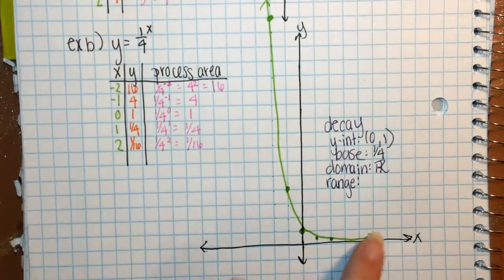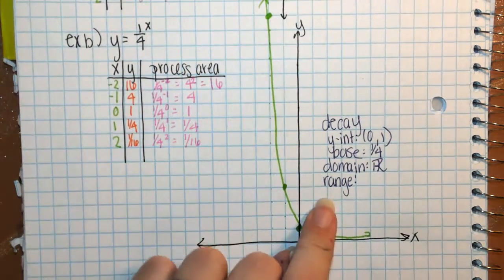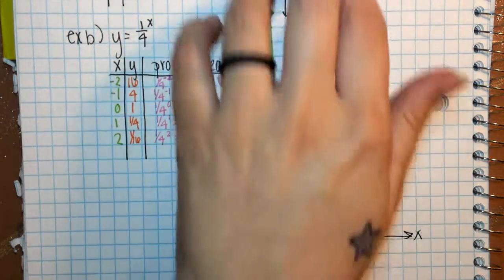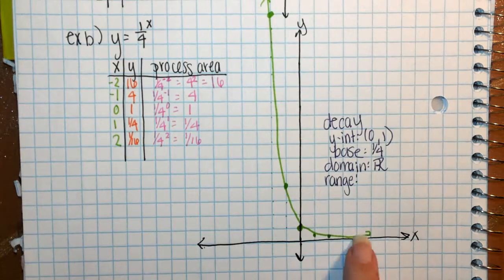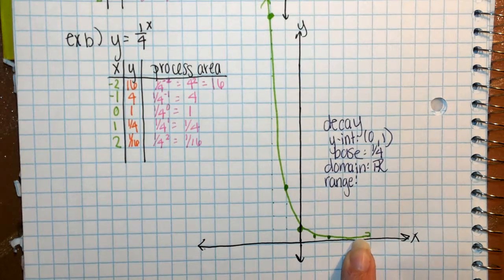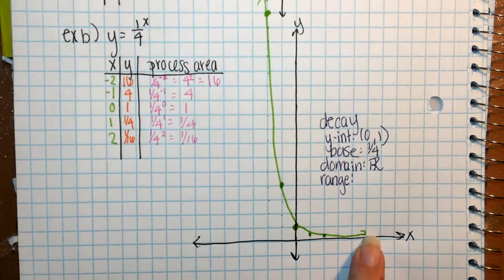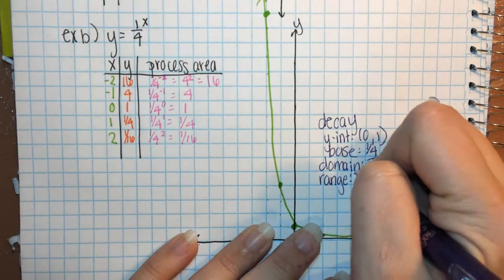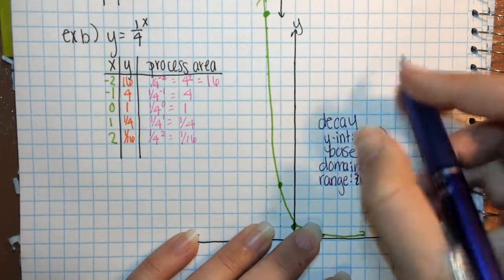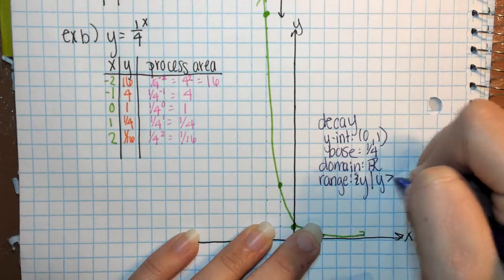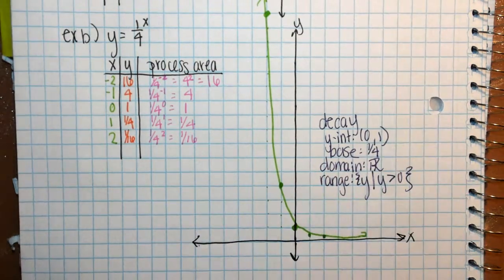Now, did we have all positive y values? Yes, because this is all above the x-axis. Did we ever cross that x-axis? No. Did we ever hit the x-axis? No. So it's y when y is greater than 0.